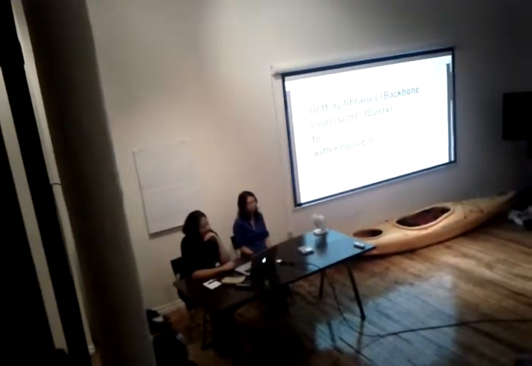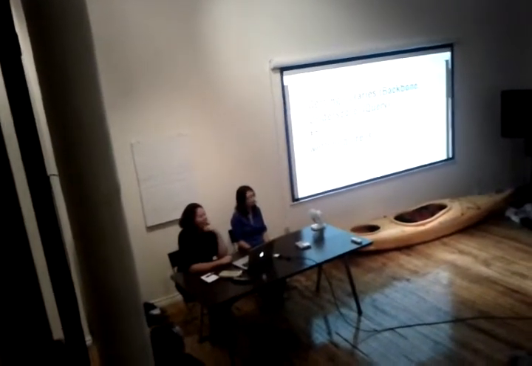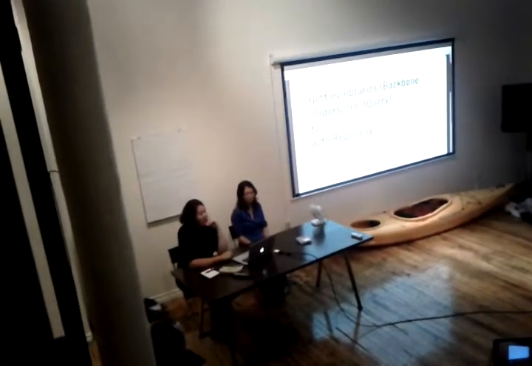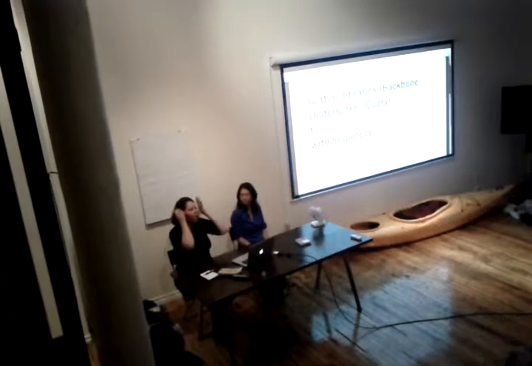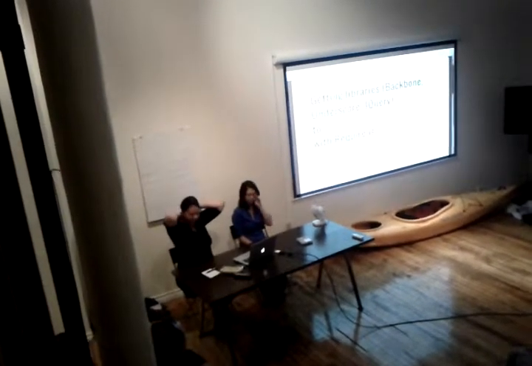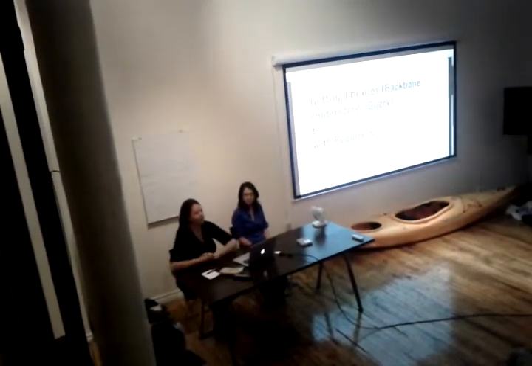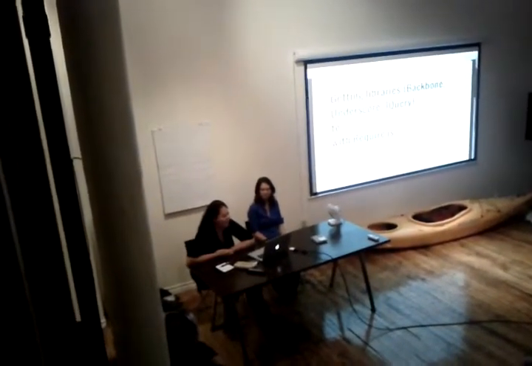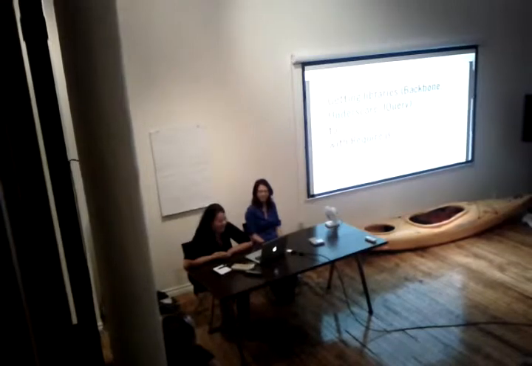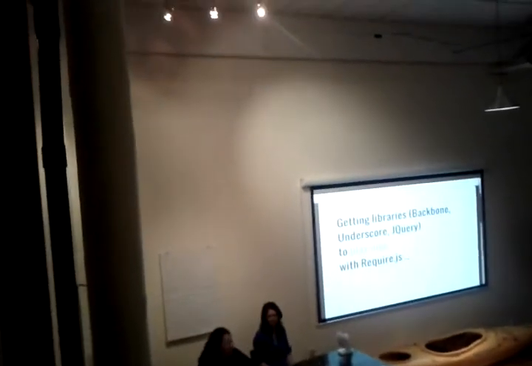On the other hand, getting libraries like Backbone, Underscore and jQuery to play nice with require.js is tricky, or it was always tricky until recently. So we discovered, after we decided we were going the require.js route, that there are two camps in JavaScript, AMD and non-AMD. AMD is asynchronous, I don't know what it stands for.